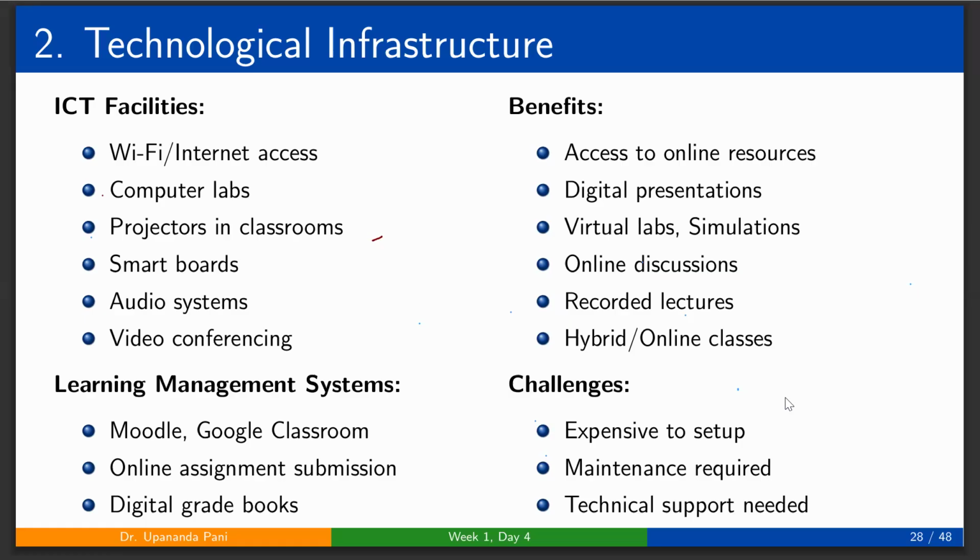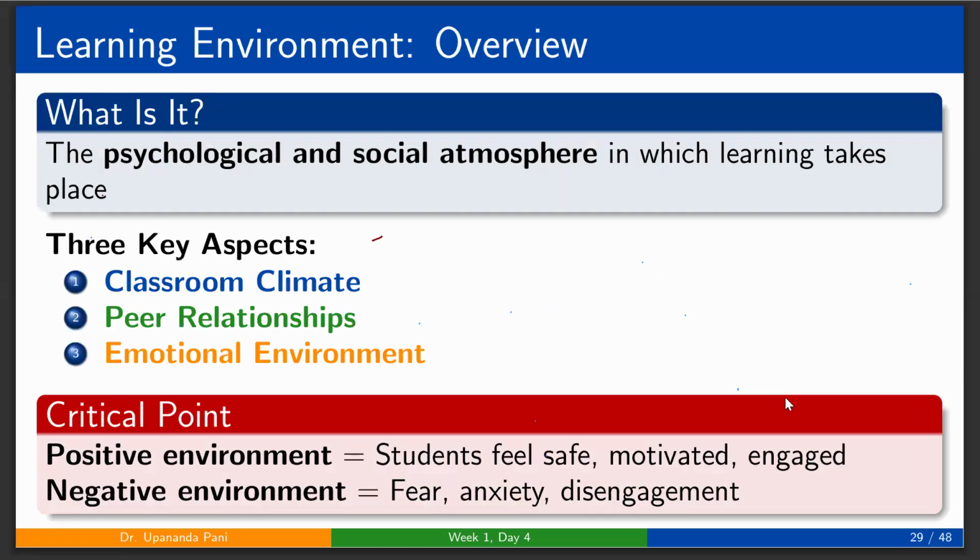Learning environment, what is it? The psychological and social atmosphere in which learning takes place. There are three key aspects: classroom climate, peer relationship, emotional environment. These are the three key aspects. What is the critical point?